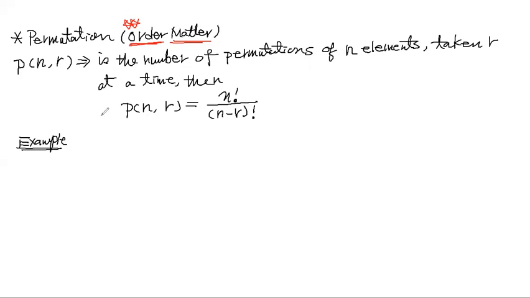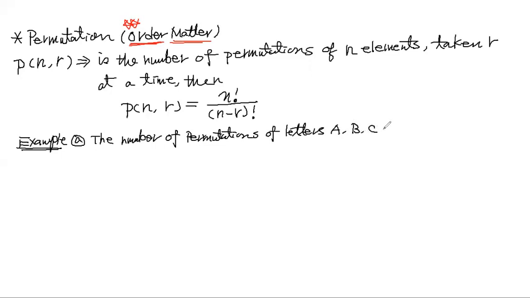Let's find the number of permutations of the letters A, B, C. That means I do care about the order, right? So that means the total number of ways I can rearrange these letters.